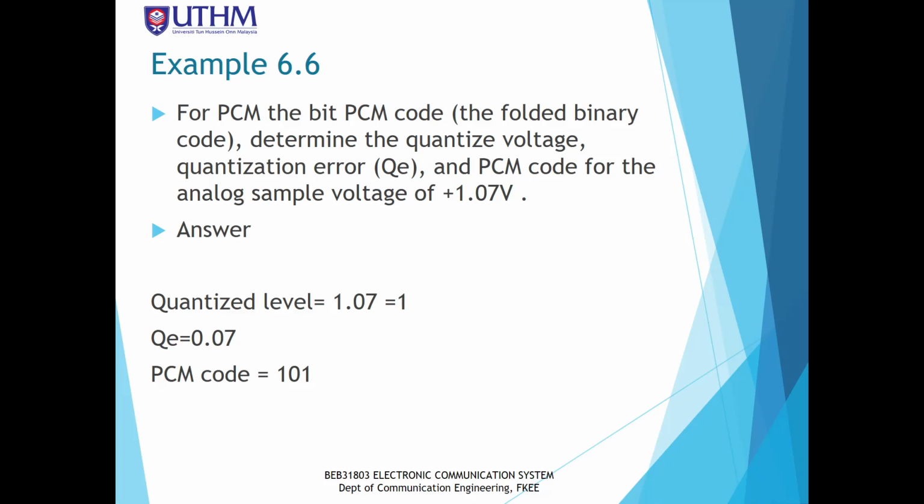So let's look at example 6.6. For a PCM code, using the folded binary code, determine the quantized voltage, the quantization error QE, and also the PCM code for the analog sample voltage of 1.07.